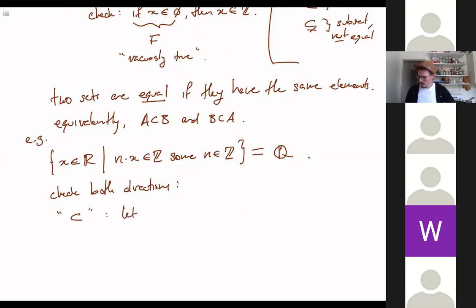So let x be an element of R such that n times x, let me give this a name for convenience because I'm going to use it, let's call this m, is an integer. And n in this equation is also an integer.